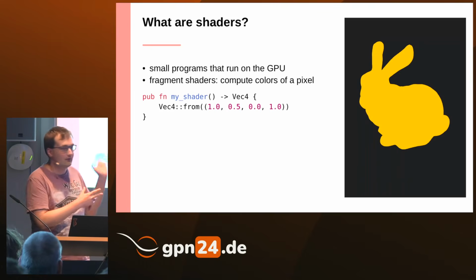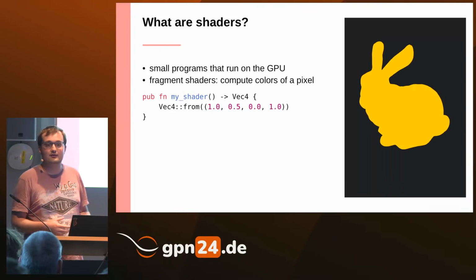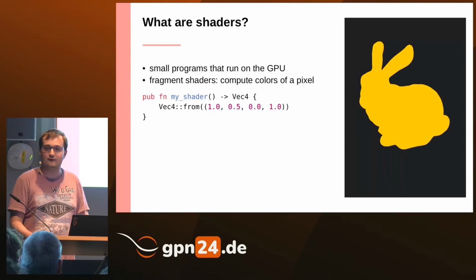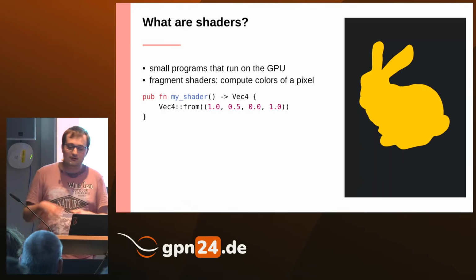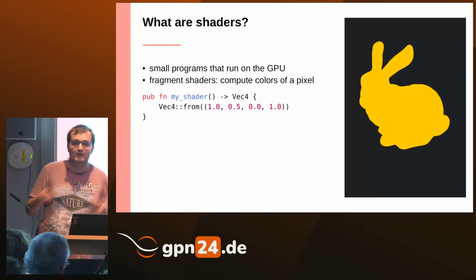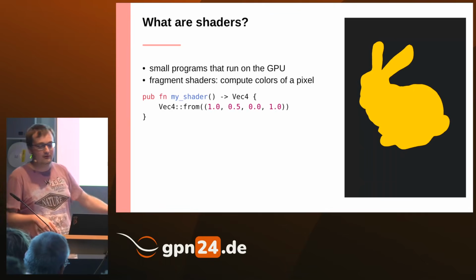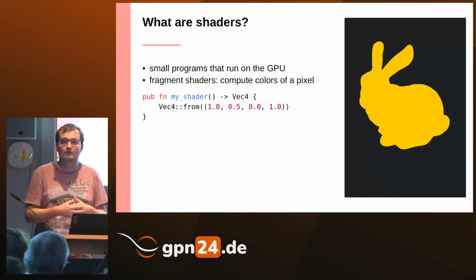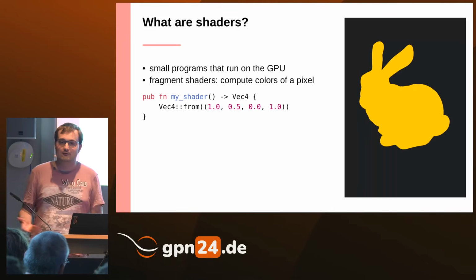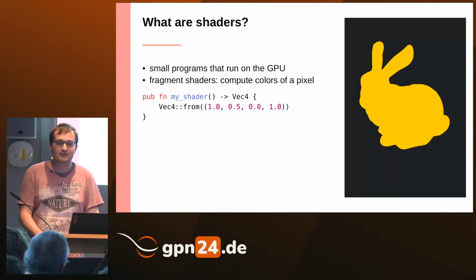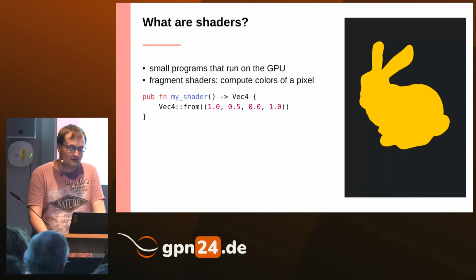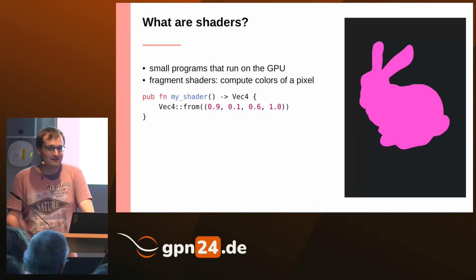One of them is a fragment shader: if you're doing 3D graphics and rasterizing a bunny, for every pixel of that bunny this function is getting called, and you effectively just return the color of the pixel. So I could return orange for the entire bunny, and you'll see an orange bunny. I could, of course, return pink, and then the entire bunny is pink.